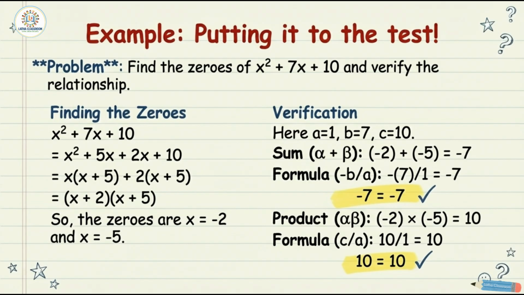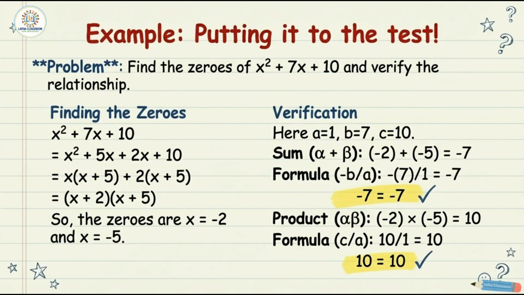Verification. How to verify? Here a equals 1, b equals 7 and c equals 10. Sum alpha plus beta is minus 2 plus minus 5, which is minus 7. And the formula minus b by a equals minus 7 by 1, which is minus 7. So both are equal, minus 7 equals minus 7.